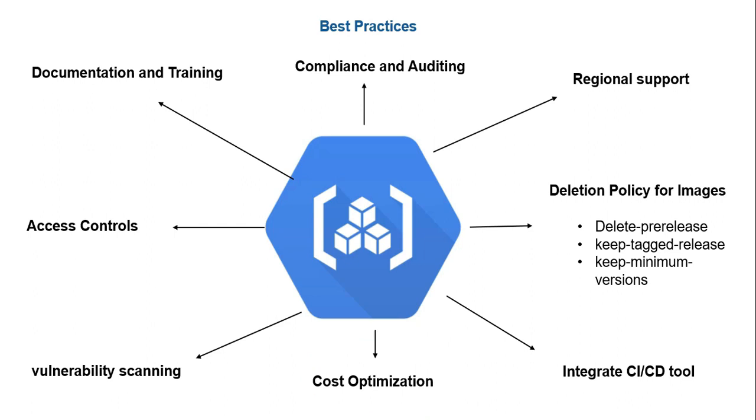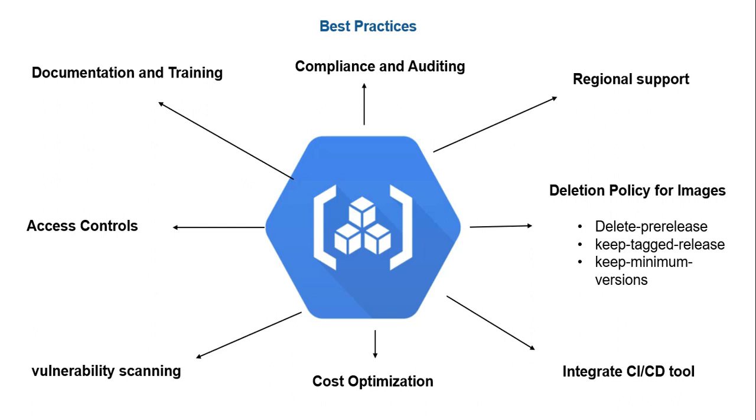Next one is vulnerability scanning. It's a process of identifying known security vulnerabilities in the packages of your Docker image. There are a number of third-party tools available, like Trivy, for scanning your image so that we can identify the vulnerabilities. According to that we can take the decision whether we can use this image in production or not.